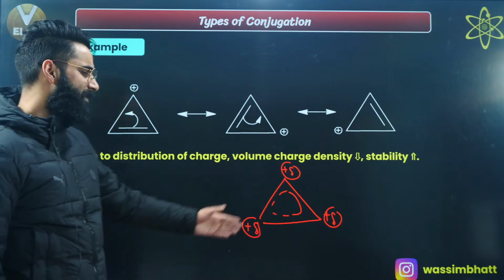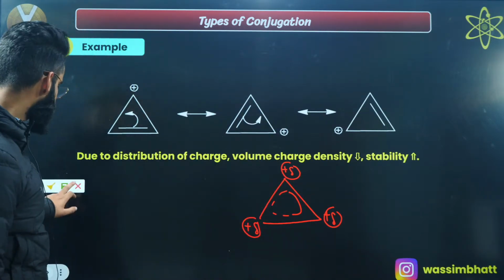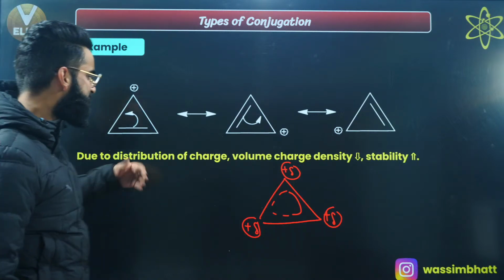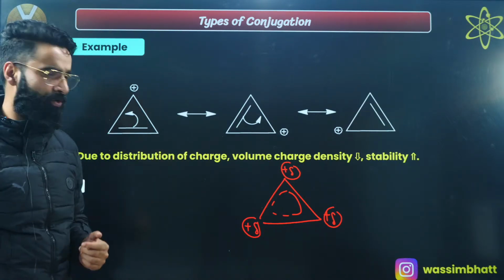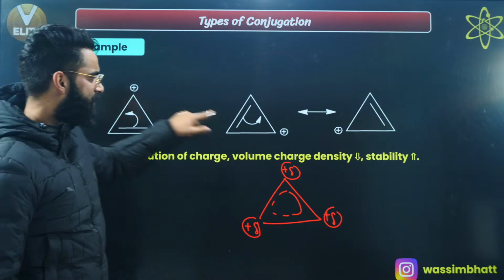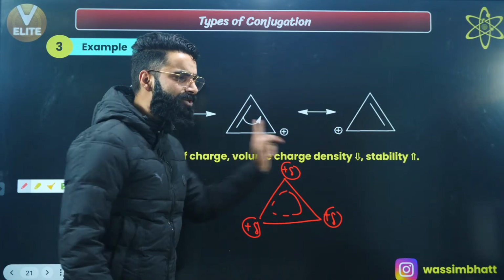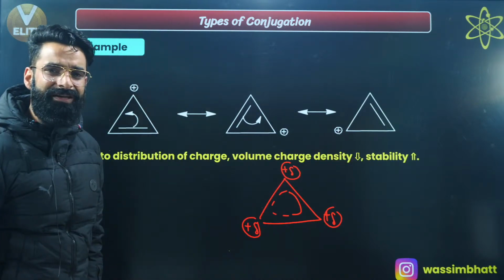Which is absolutely going to be more stable than all its canonical forms, right? And if you can understand one more thing, in this structure there is positive charge on this carbon, in the other structure positive on this one, in the other structure positive charge on this one. Can I say due to resonance, positive charge is getting distributed?